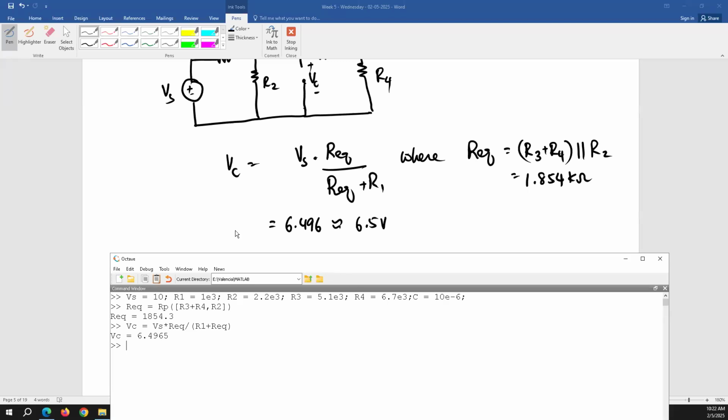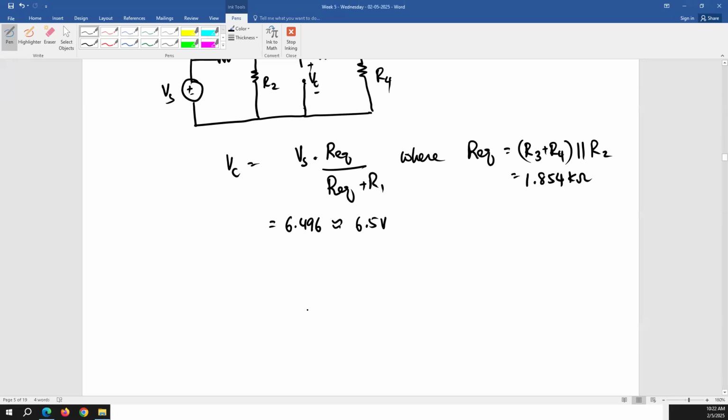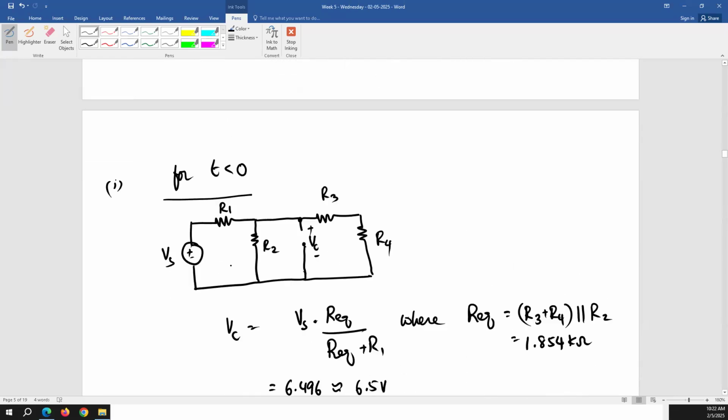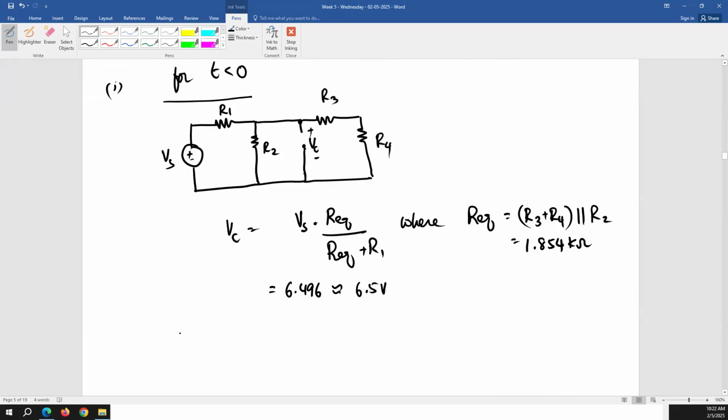Okay. So this is the initial voltage that we are looking for. This is part one basically. So this is the initial voltage on the capacitor, which is equal to VC0 negative, or we will call it V naught.